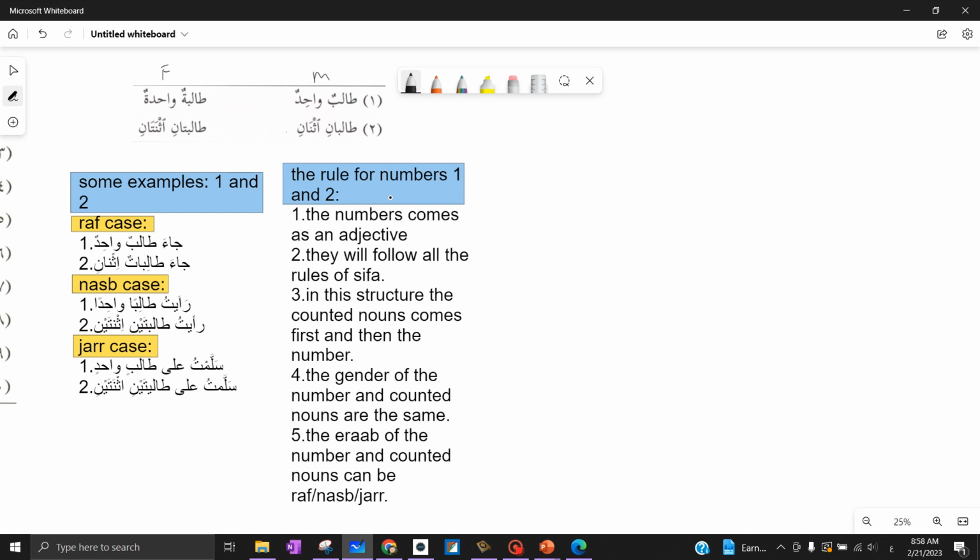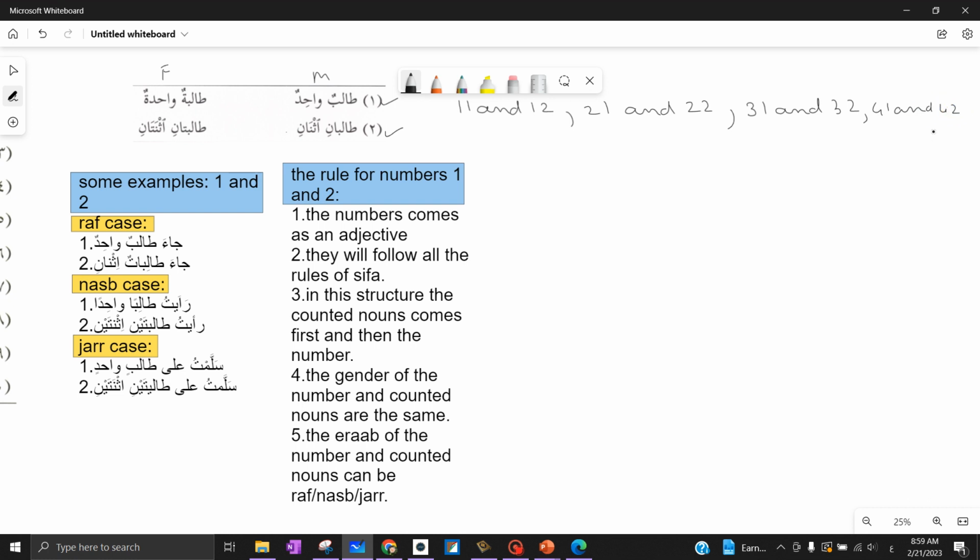So whatever rule you learn for 1 and 2 applies to 1 and 2, then the same rule applies for 11 and 12. Then it also applies to 21 and 22, then 31 and 32, then likewise 41 and 42.